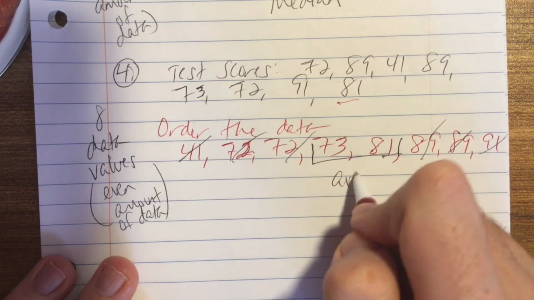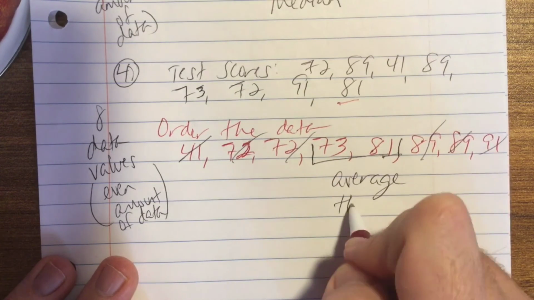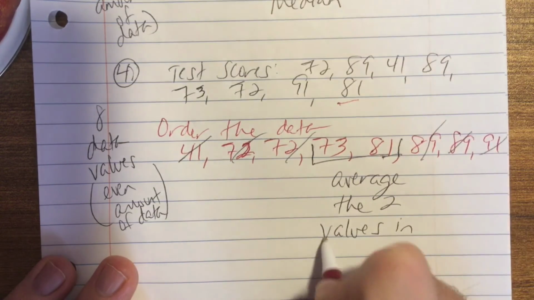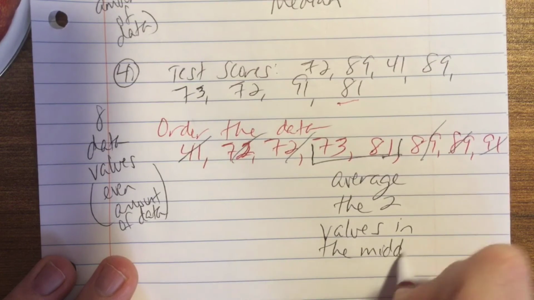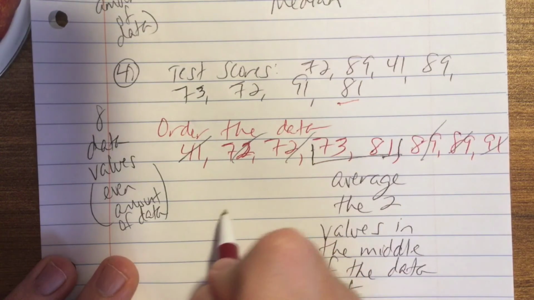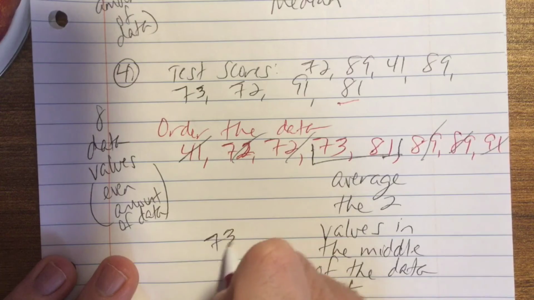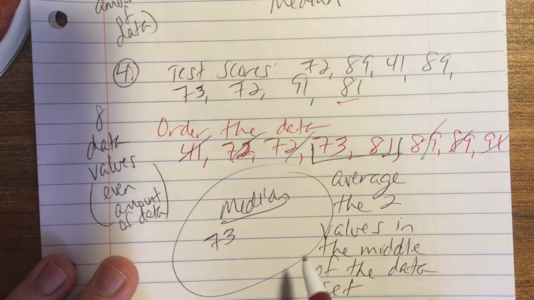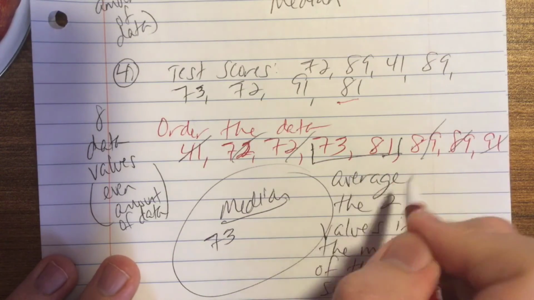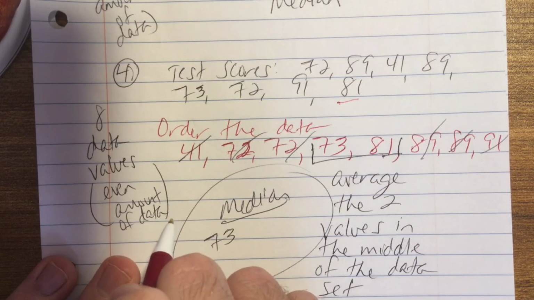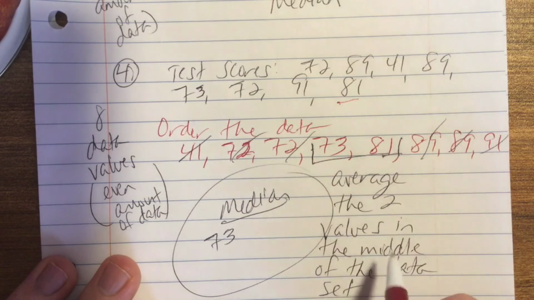So you're going to have to average the two values in the middle of the data set. When I'm still trying to find the median, you might say to yourself, I only average when I have the mean, which is true, but when you have an ordered data set with an even number of data values, you're going to have to average those middle two values.